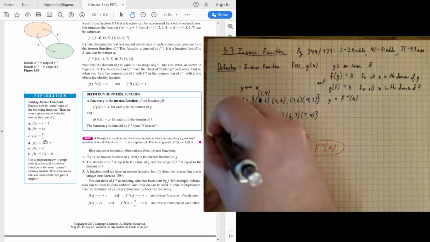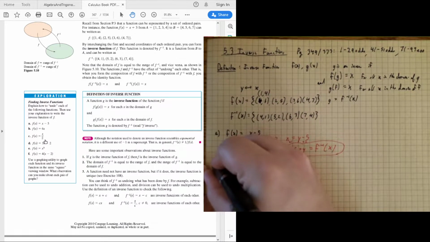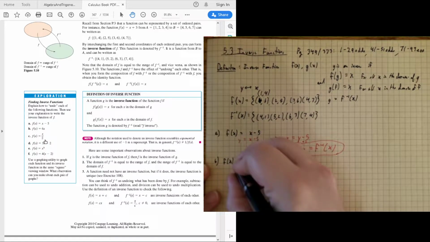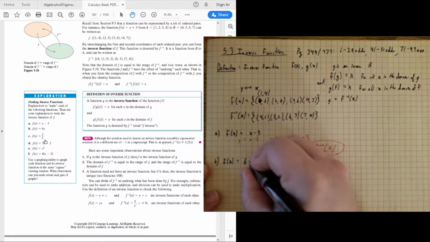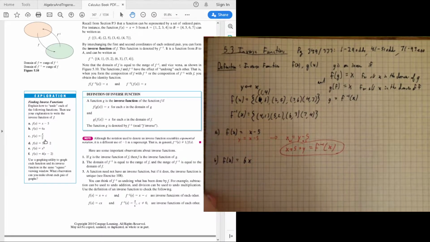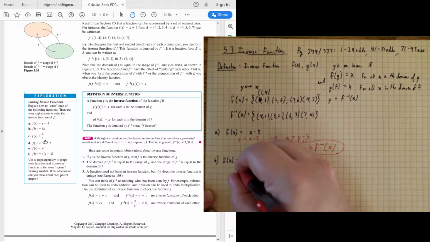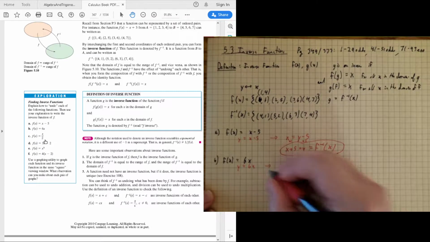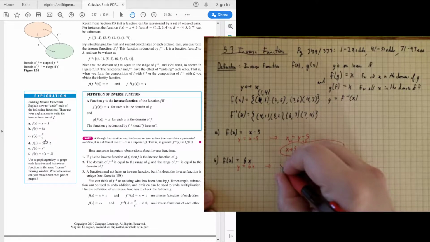Compare that to the second one, b. My f of x is equal to 6x. Well, what's the inverse? Well, we simply view this as y equals 6x. We then invert. So everywhere there's an x becomes a y.